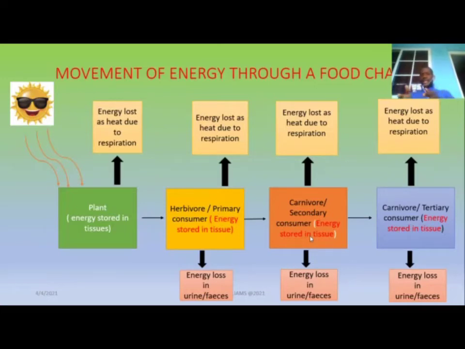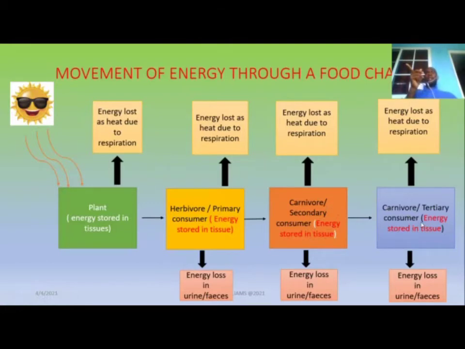Less energy is being stored in the consumer at each trophic level as we move up. Alright guys, so by the time we get up to the tertiary consumer, there's less energy being stored in the secondary consumer's body. And this is how the relationship comes.